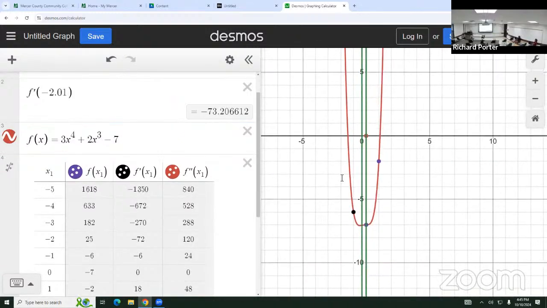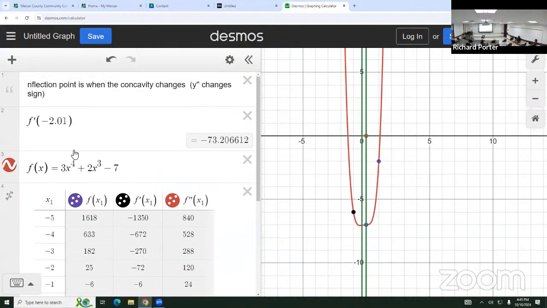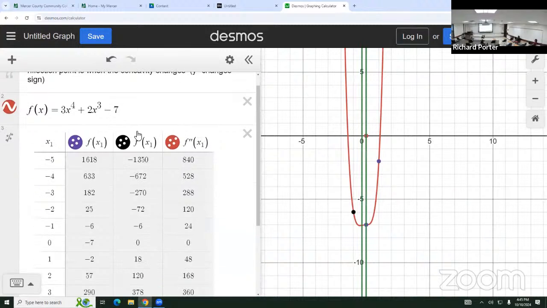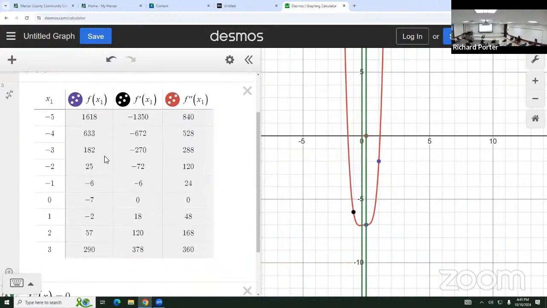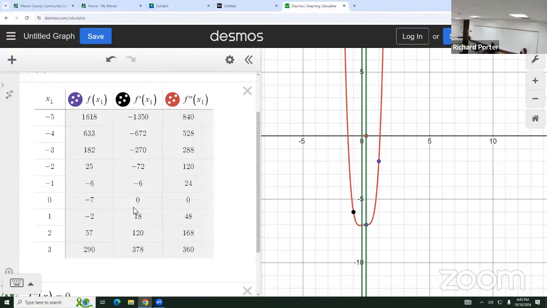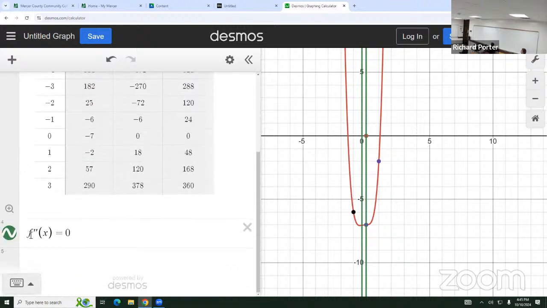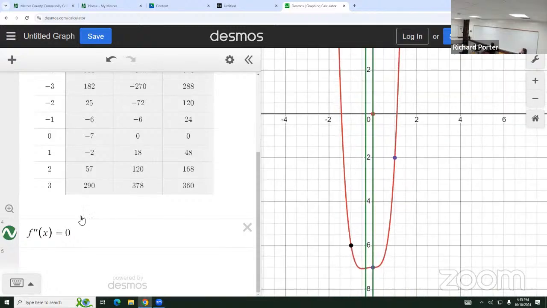Okay, so now I changed it to this. I see there's a minimum somewhere around 0. But do I see any inflection points? No, not really. But when I set the second derivative equal to 0, look, I got 2 answers. Where are those answers?